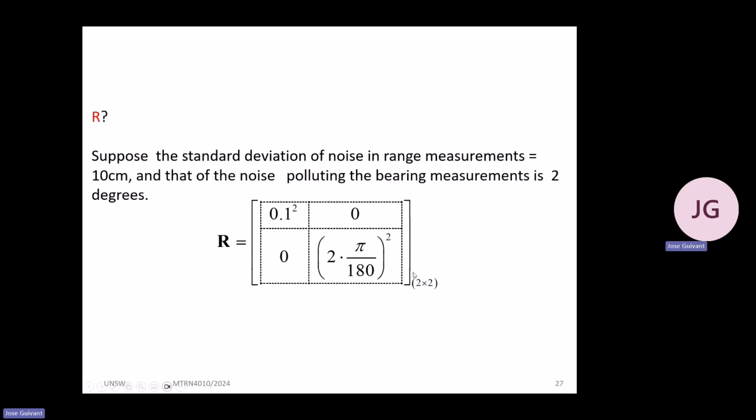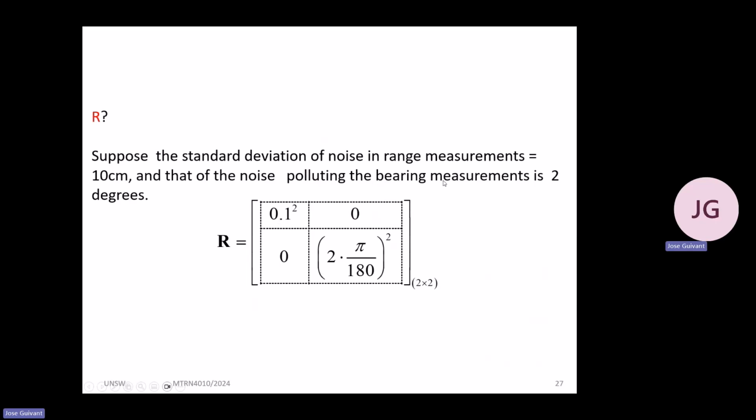And because this is a covariance matrix, and this diagonal element corresponds to the variance, talking about that particular component, component number 1, which for me happened to be the range measurement, the range variable. And because we are talking about the noise polluting the measurement, this will be 0.1 squared, the variance.